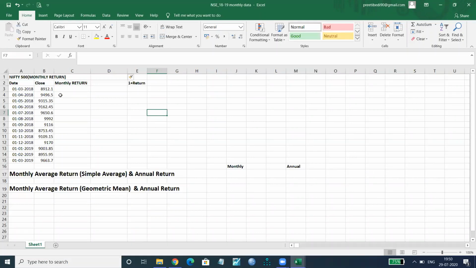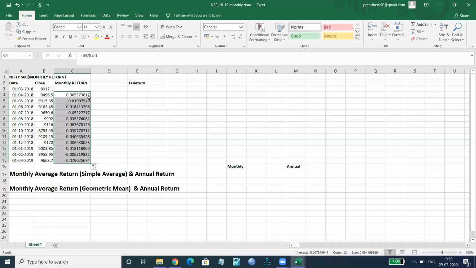Now, how will I calculate the monthly return? Simple monthly return is equal to current price divided by opening price, or previous month's price, minus 1. That would give me the monthly return data, and you can see the monthly returns by double clicking.